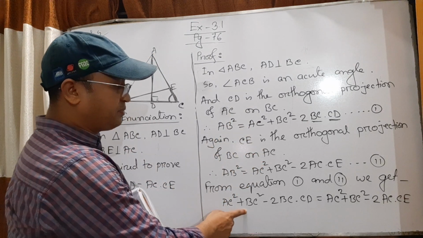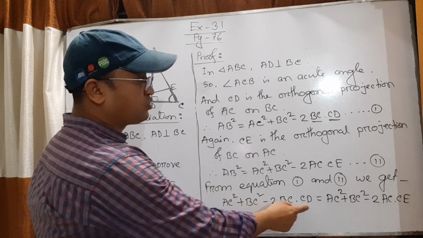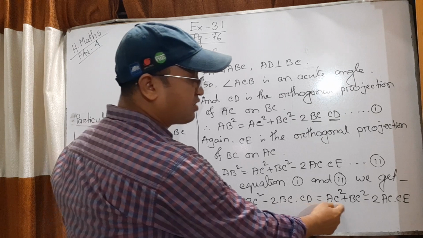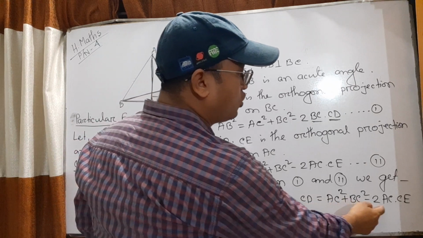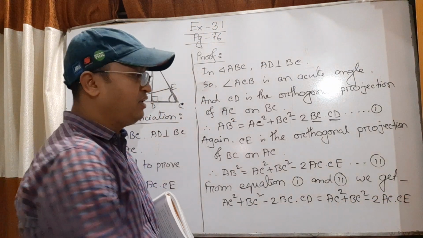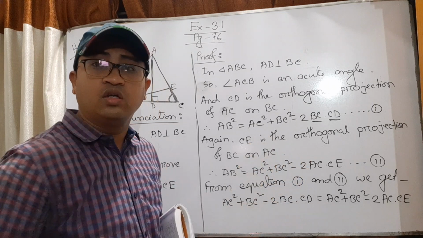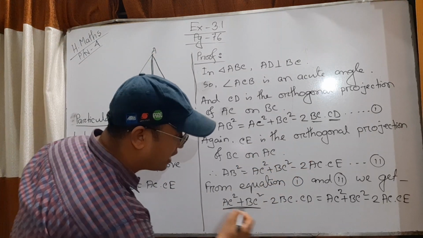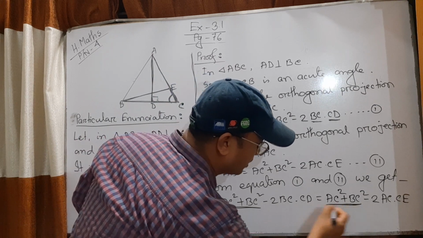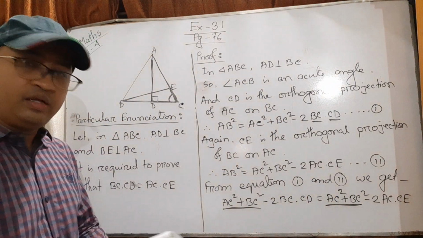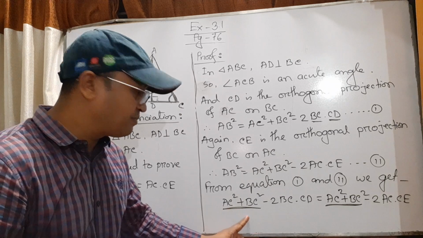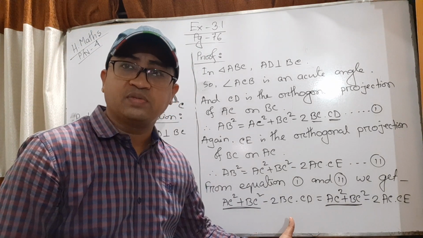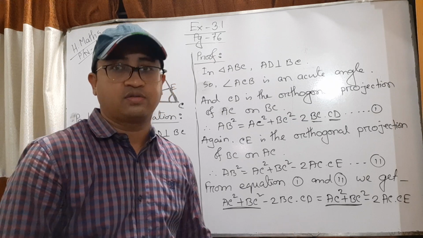So AC square plus BC square minus 2BC into CD, the right side of equation 1, equals AC square plus BC square minus 2AC into CE, the right side of equation 2. Now look, can we omit AC square plus BC square from both sides of the equation? Yes, we can omit it.